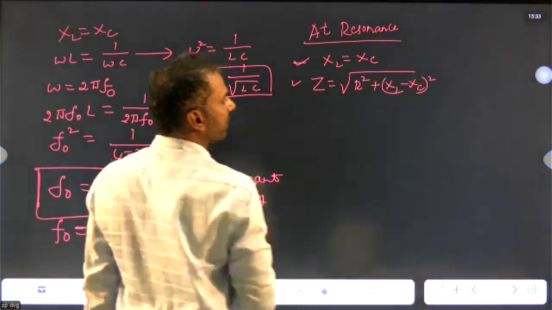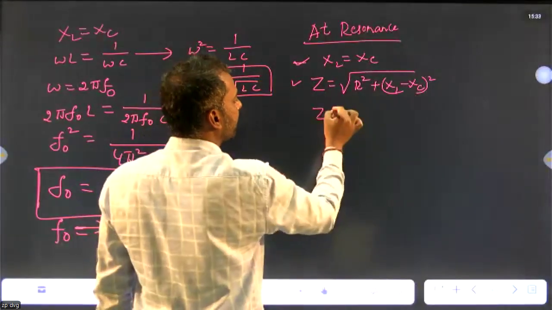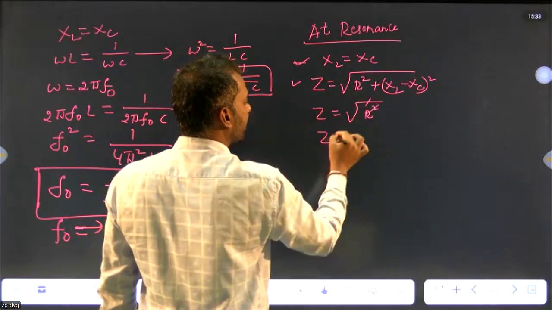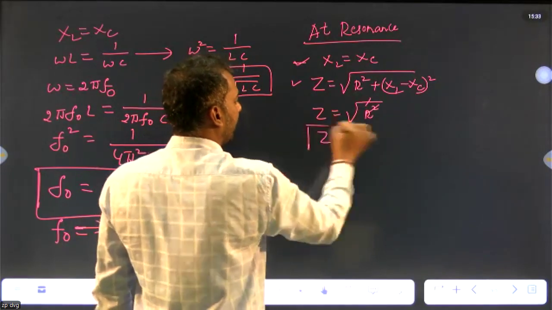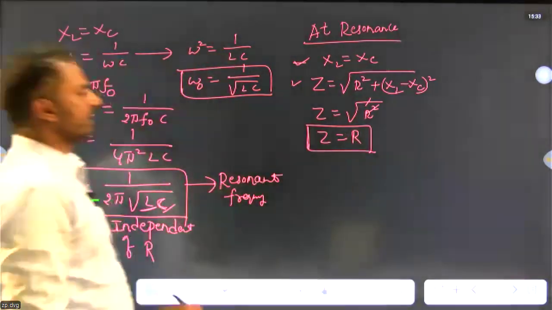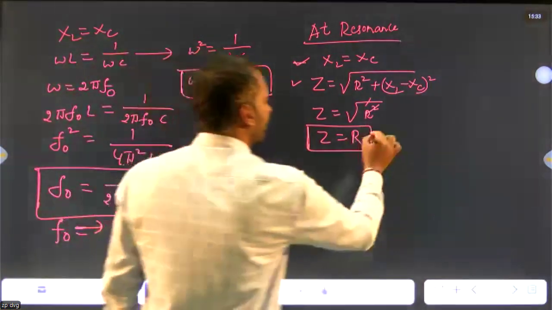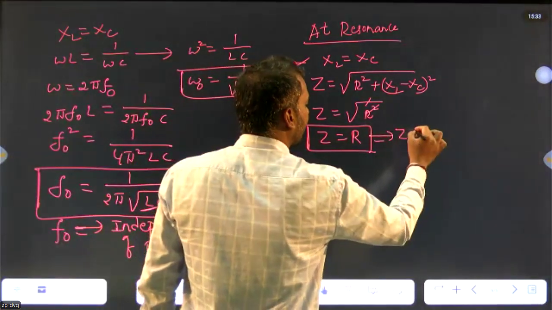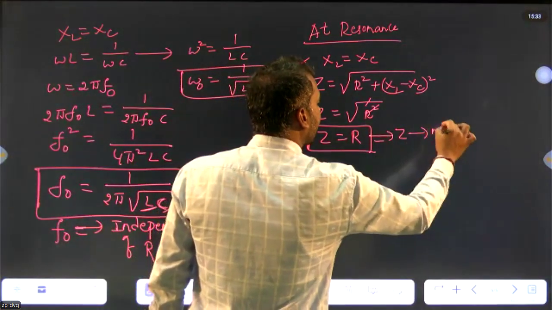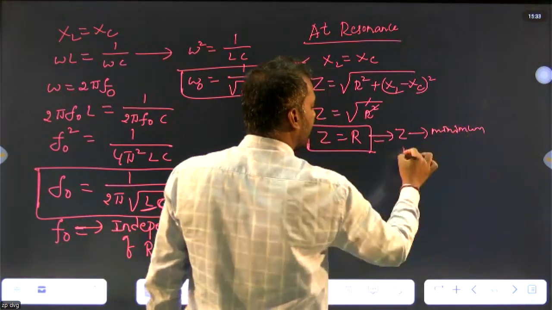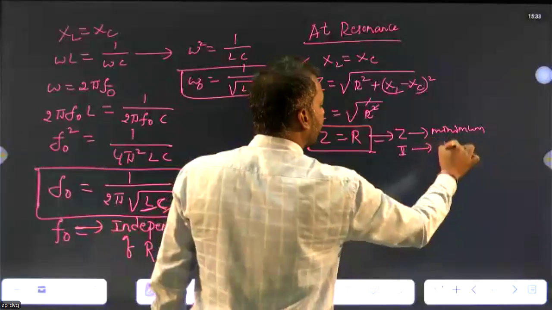If XL is equal to XC, Z is equal to root of R square, the square and root get cancelled, Z is equal to R. Impedance is equal to the resistance of the resistor. At resonance, XL is equal to XC and Z is equal to R. Z becomes minimum. Impedance is decreasing, but current in the circuit increases.